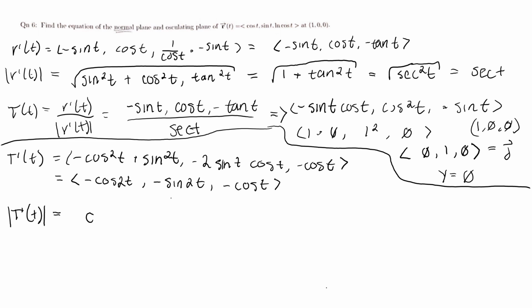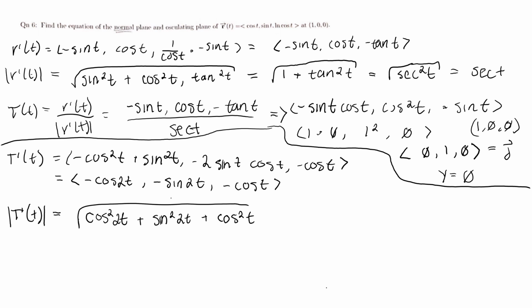The negative becomes positive: cosine squared 2t plus sine squared 2t, plus cosine squared t, with the negative becoming a positive.